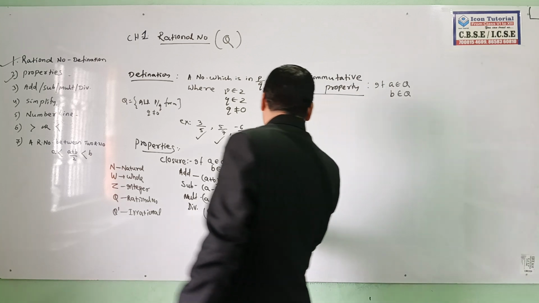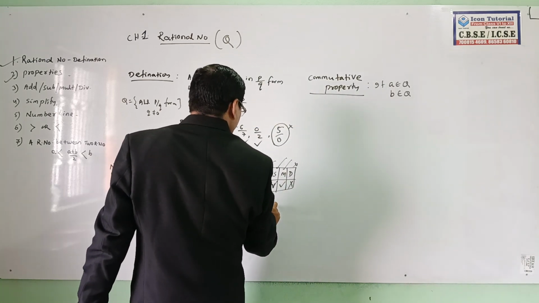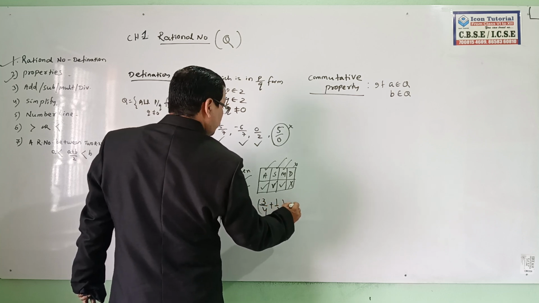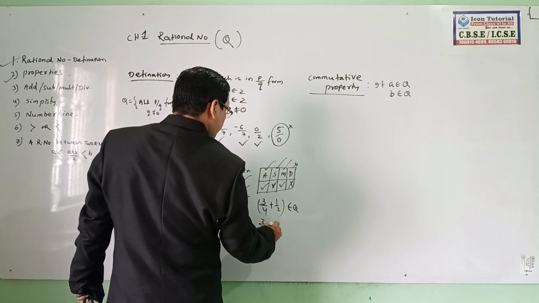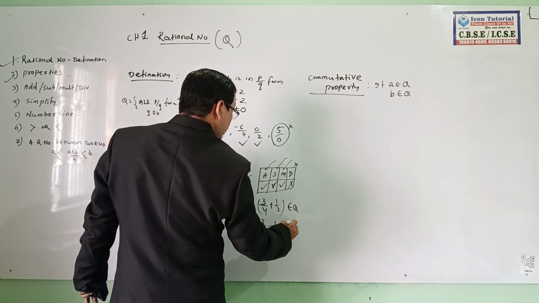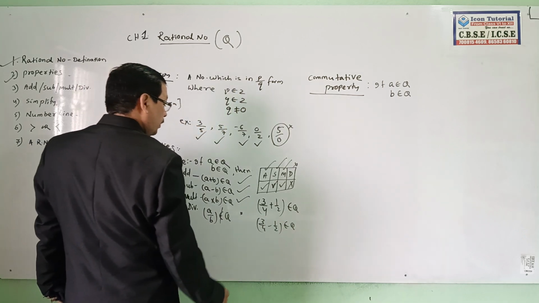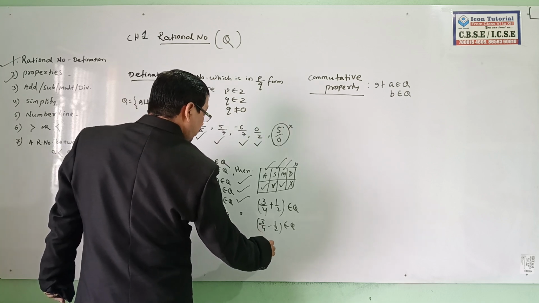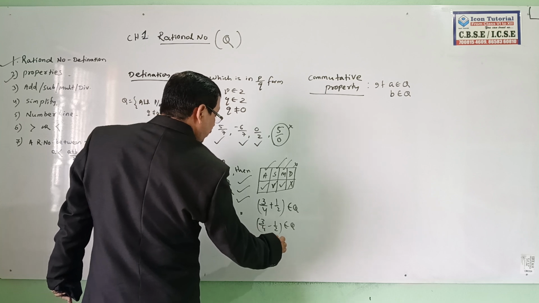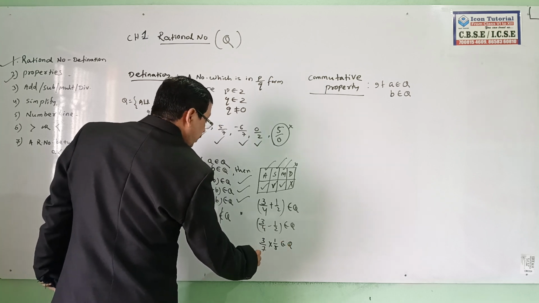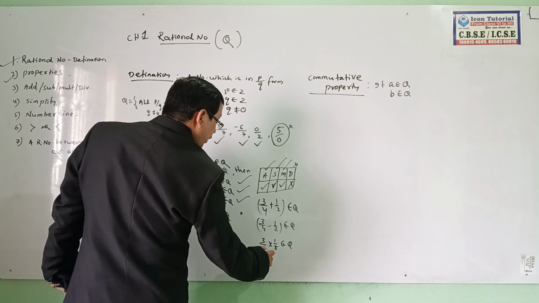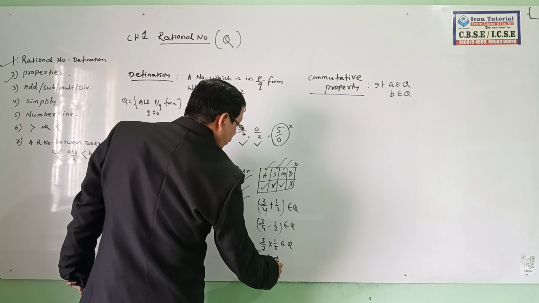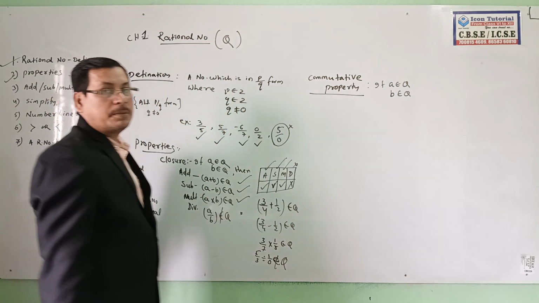So many examples you can take. 3 by 4 plus 1 by 2 also belongs to Q. 3 by 4 minus 1 by 2 also belongs to Q. Suppose 3 by 7 into 1 by 5 also belongs to Q. But 5 by 3 divided by 1 by 0 does not belong to Q. So many examples you can give.